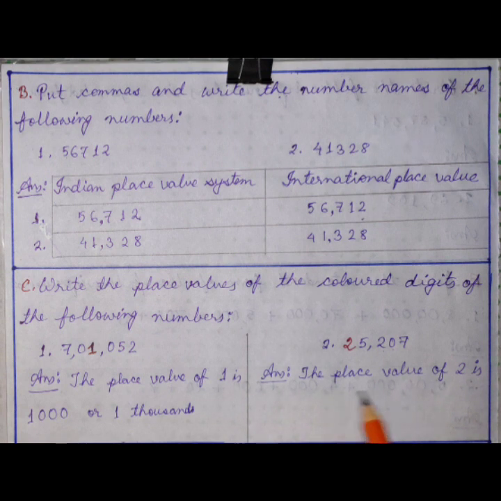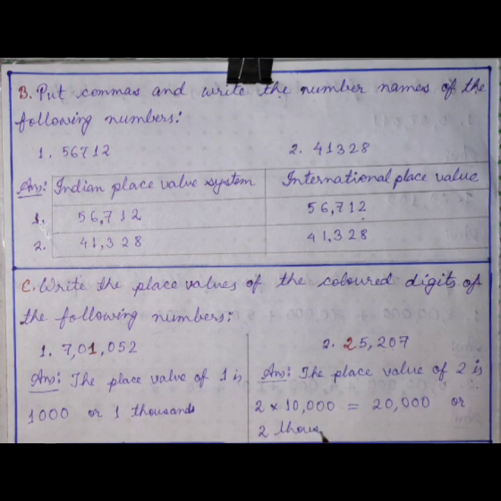The place value of 2 is 2 into 10,000, since it is in the 10,000s place, which is equal to 20,000. Or we can write 2 ten thousands. Yes? Okay.